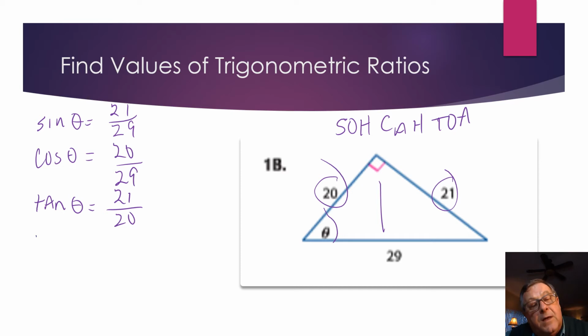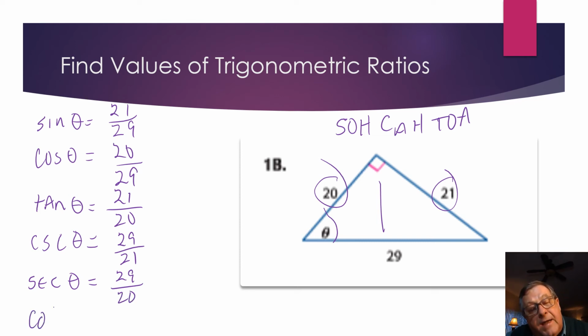And let's see, the cosecant of theta, well, it's just the reciprocal of the sine function, or it's the hypotenuse over the opposite side. The secant of theta is the reciprocal of the cosine function, or the hypotenuse, 29, over the adjacent side, 20.